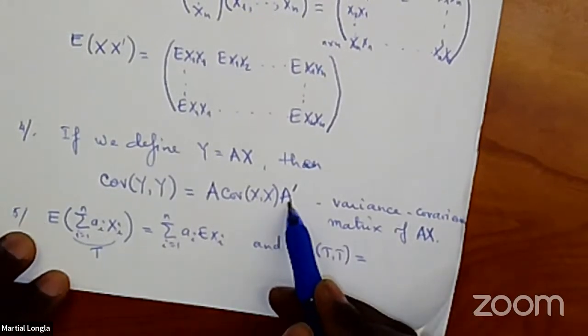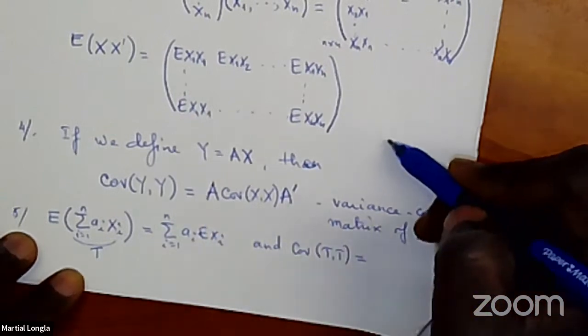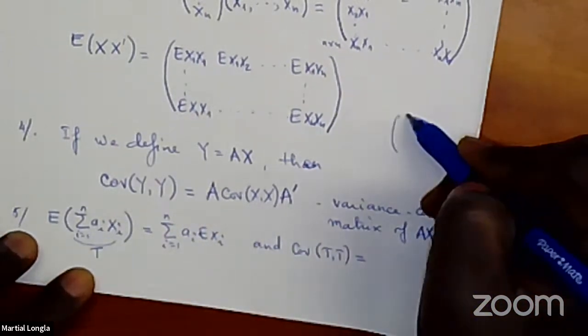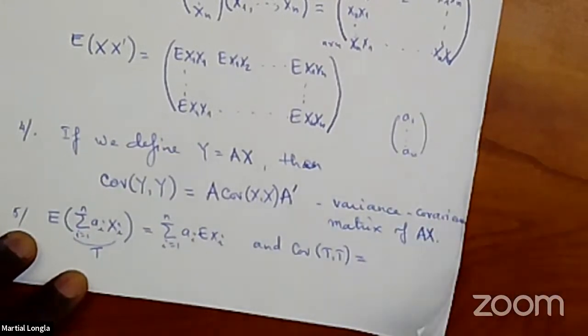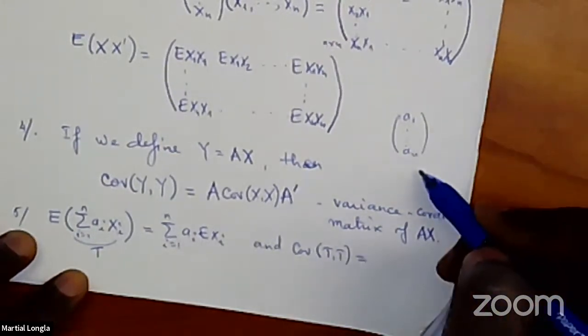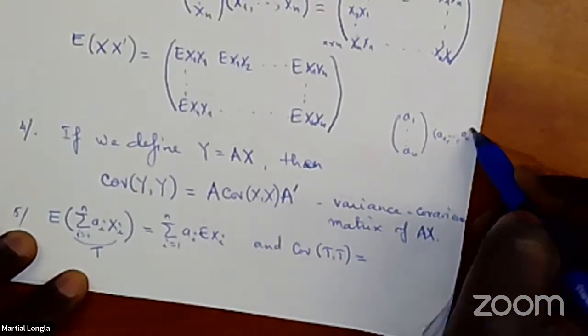In this case, A and A transpose are just these: A is a_1 down to a_n, and the transposition is a_1 to a_n.